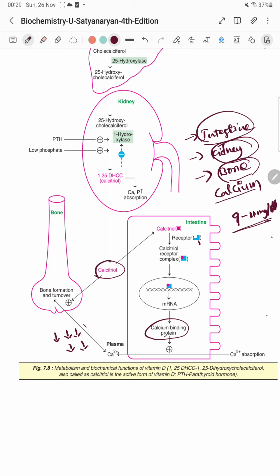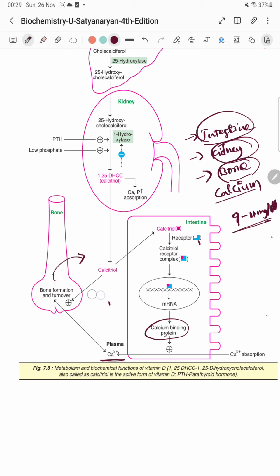Sometimes what happens in calcium deficiency, the plasma calcium level is very low, below 6 or 5 mg per dl. Normal is 9 to 11. If the calcium level is 5 to 6, what happens? Immediately whatever calcium you stored in the bone, whenever you have excess, that will come out from the bone by the action of, again, calcitriol.